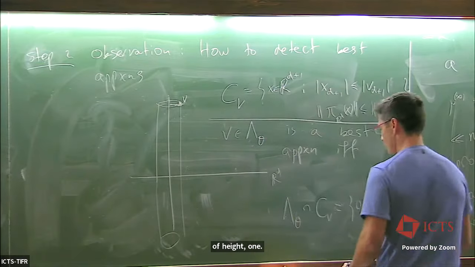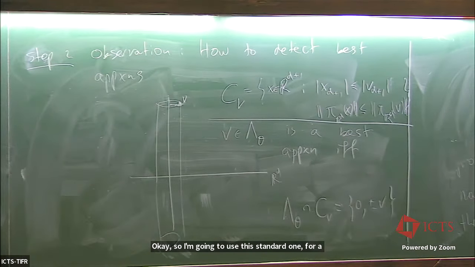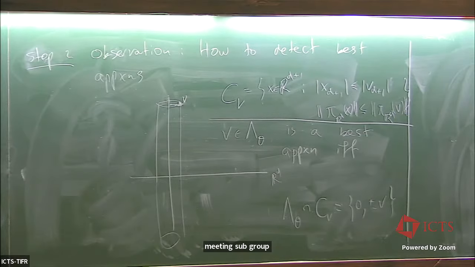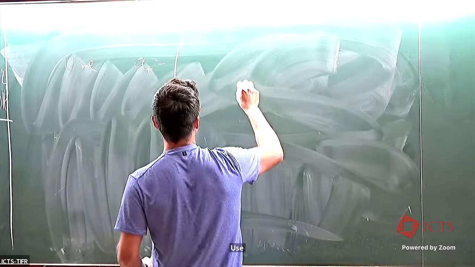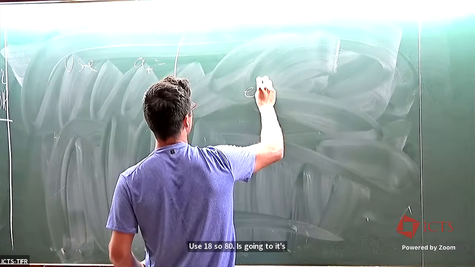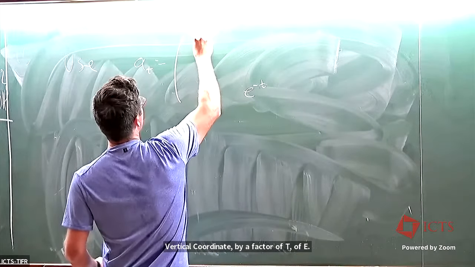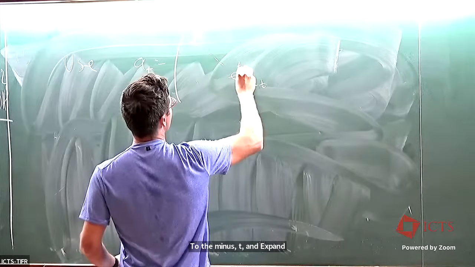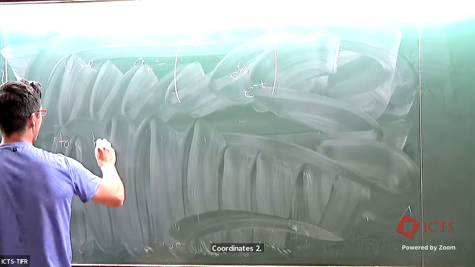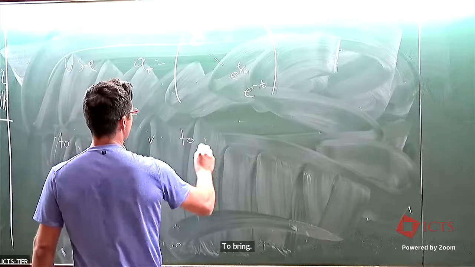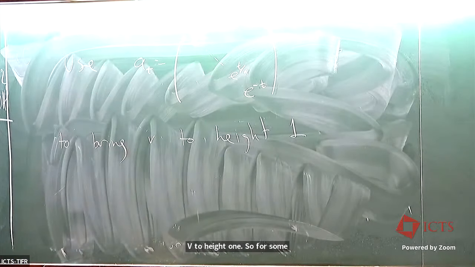So I'm going to use this standard 1 parameter subgroup, A_t. A_t is going to shrink the vertical coordinate by a factor of e to the minus t, and expand uniformly the first d coordinates, to bring V to height 1. I want to see this vector at height 1.